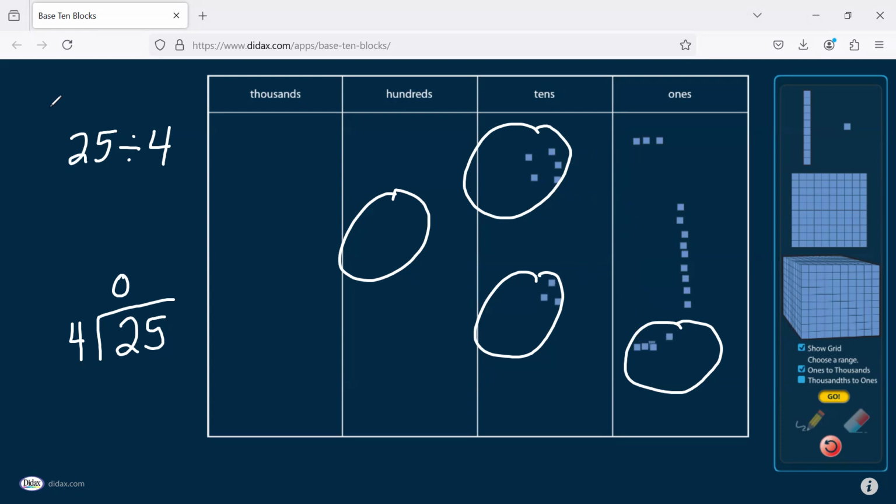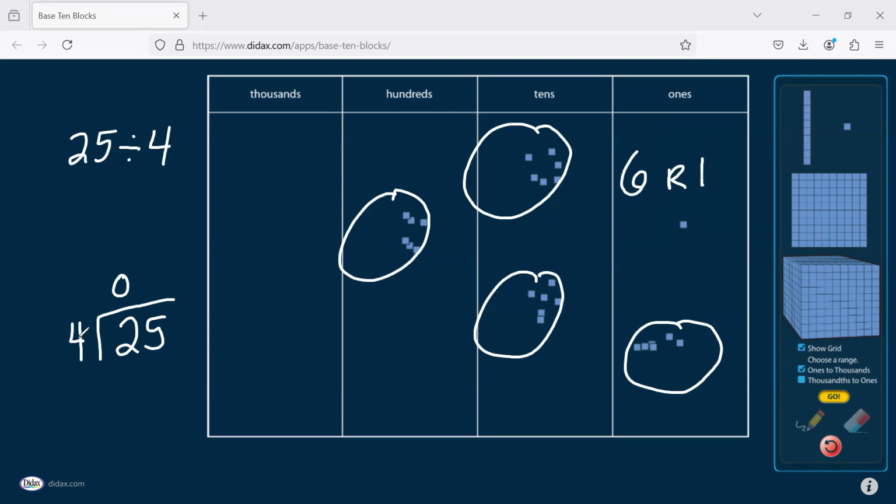So that's why I started doing 5, because students would say, oh, I could probably put about 5 in there. There's a few more, so then they would start doing them by 1s because they know they're close. Okay, so there's 1 left over. So once the students get to this point, they can say, okay, there's 1, 2, 3, 4, 5, 6 in each one, and there is a remainder of 1.